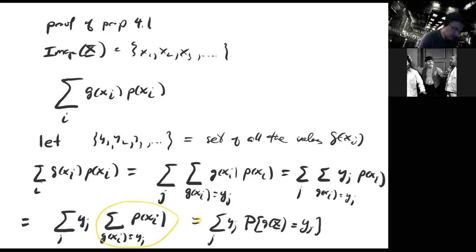See, the probability that g of X is Yj is the sum of these probabilities here by definition. Okay, but this is exactly the same thing as this expression here.